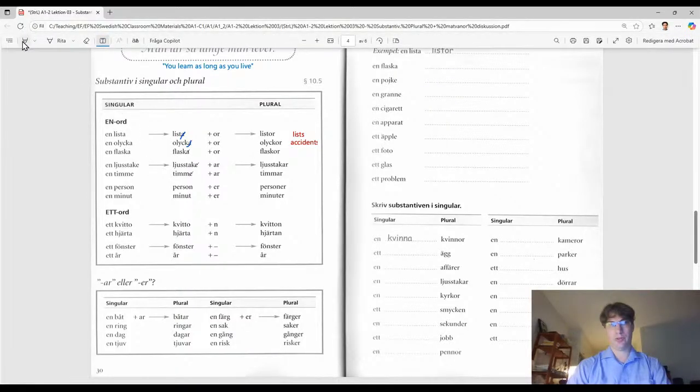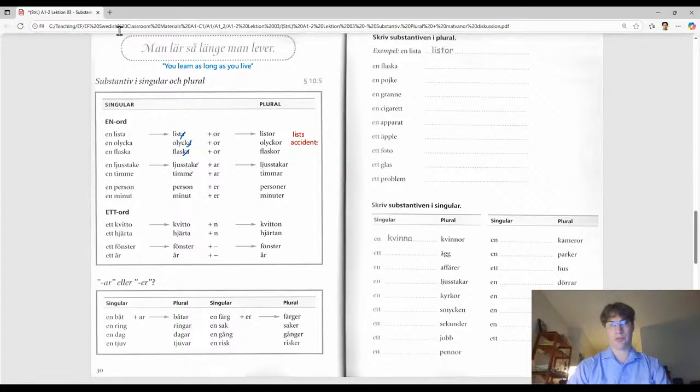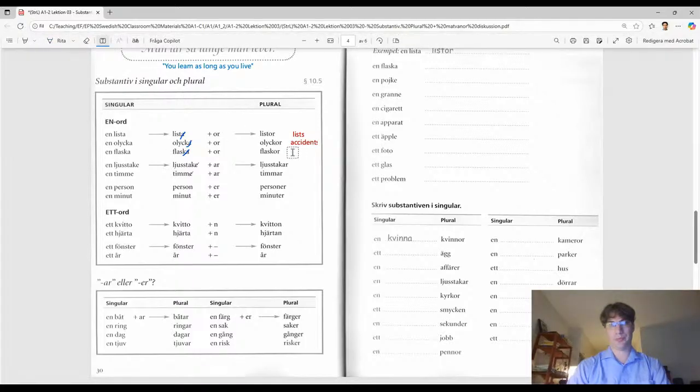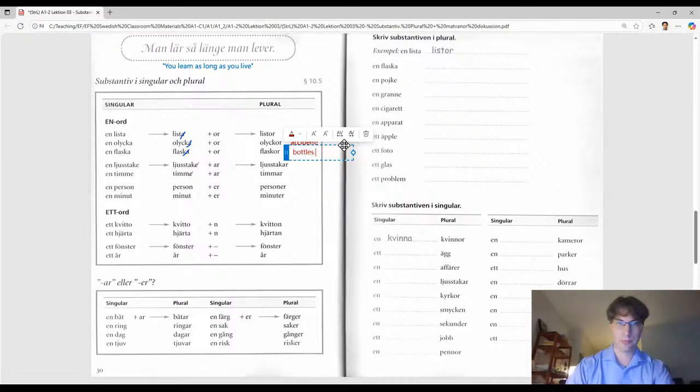So what you do is the same thing. You strike the A, add OR, you get flaskor, which is bottles. Right. And so that's the group 1.